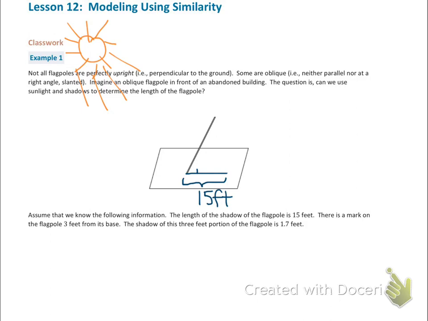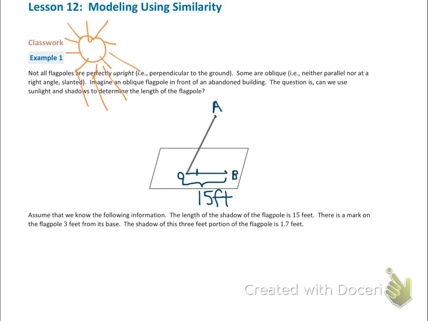Let's go ahead and give some names to these. We'll use this O as kind of the point where the flagpole meets the ground. It's kind of like our origin. We'll label this A up at the top of the flagpole. And then this could be B right here.